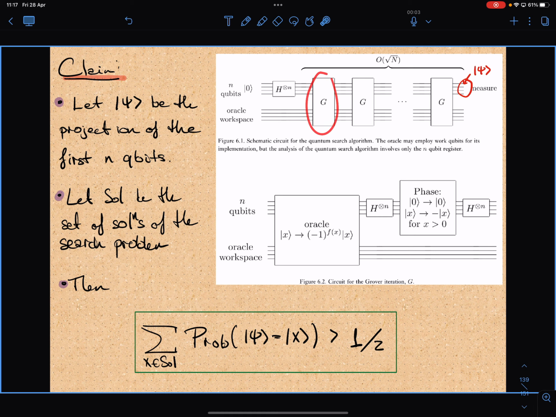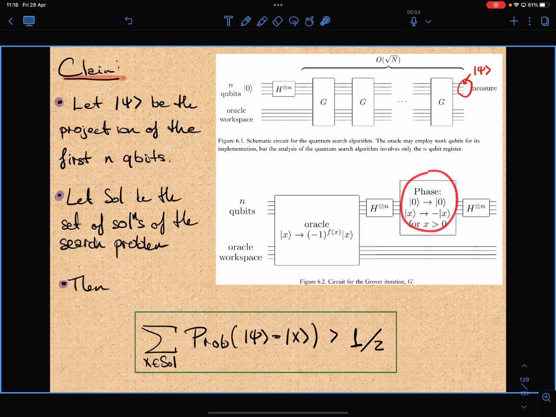So what we'll do first is figure out the action of this circuit on 0 times this. So we start with 0 and then we apply the Hadamard gate, and given that, we're going to figure out the action of the circuit. I'm going to break it into pieces.